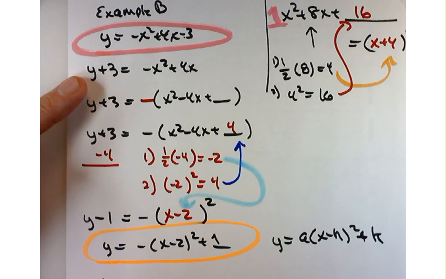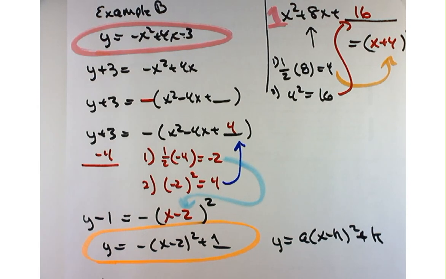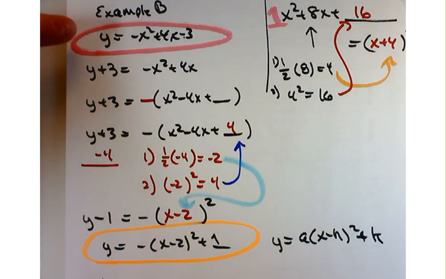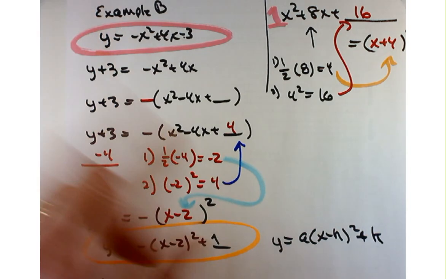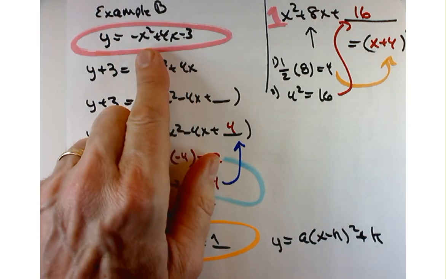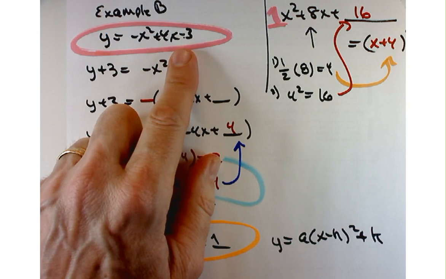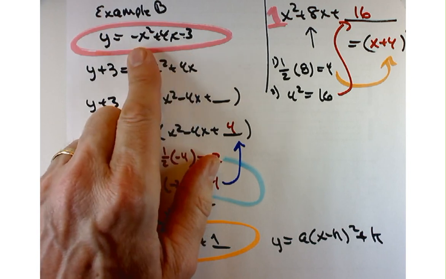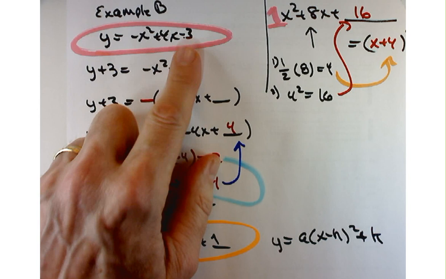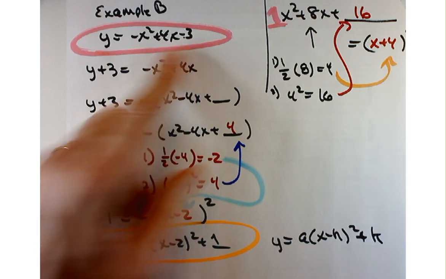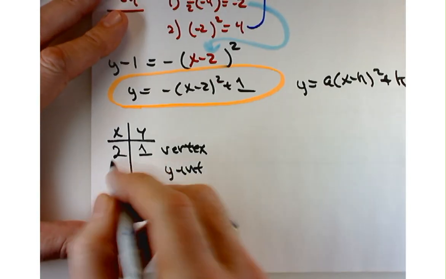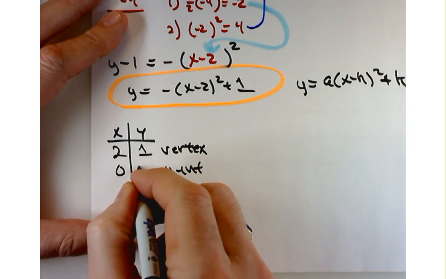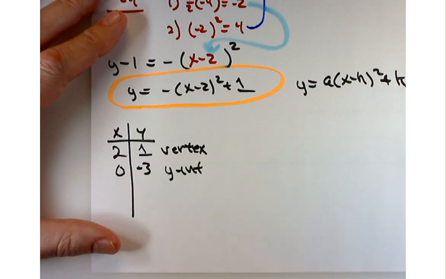This one in pink, this one in orange. Which one looks easier to work with if you're going to substitute in x equals 0? The first one. Yeah, I think the first one, right? Can you read off what y will be if you plug in x equals 0 here? If you plug in a 0, that's 0, that's 0, you're just left with negative 3. So spot on. I would use the top one. 0, negative 3 for the y-intercept.